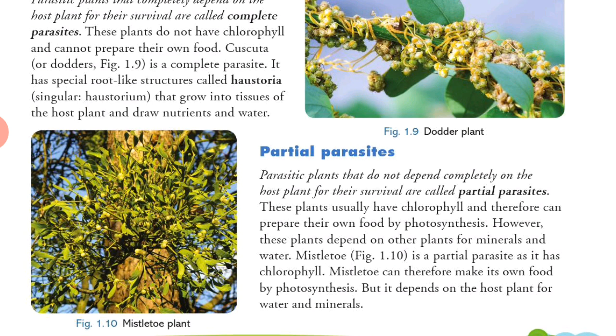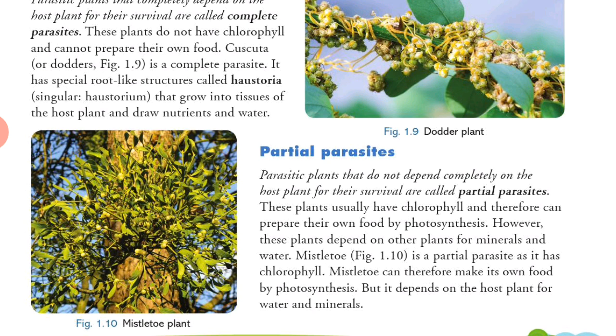However, these plants depend on other plants for minerals and water. Mistletoe is a partial parasite as it has chlorophyll. Mistletoe can therefore make its own food by photosynthesis, but it depends on the host plant for water and minerals. You can see. Okay, got it?